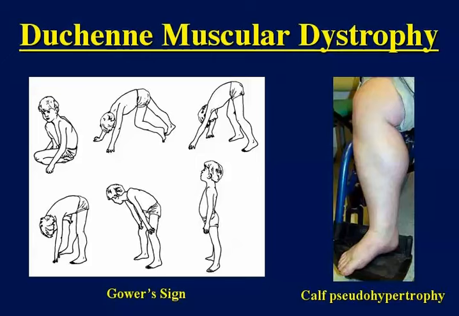Thus, a defect in any one of the components of the dystrophin glycoprotein complex, or DGC, can lead to a variant of muscular dystrophy. It is widely believed that the DGC buffers the cell membrane from the mechanical stress of muscle contraction. In the absence of any of the proteins comprising the DGC, muscle damage and necrosis outpace the repair and regenerative capacity of the affected muscle.